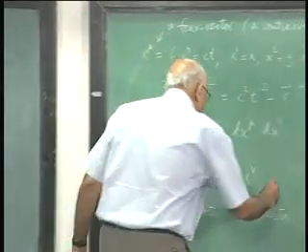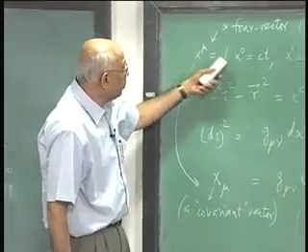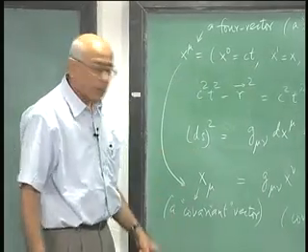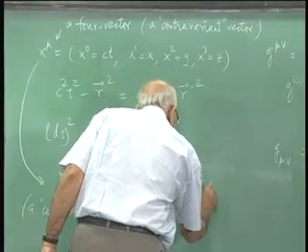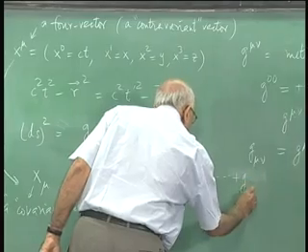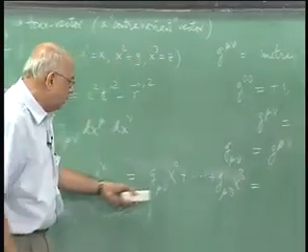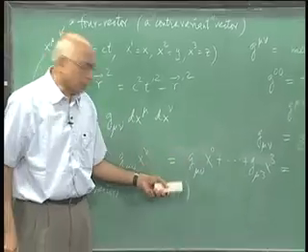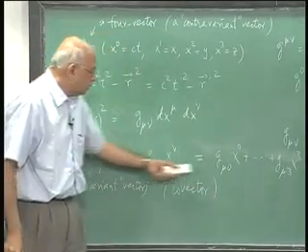Now what does this give you? If x mu has these components, then the question is what does this x mu have. This is equal to G mu 0 x0 plus up to G mu 3 x3, but since G vanishes unless the two indices are equal, the only thing that contributes is the 0 component.